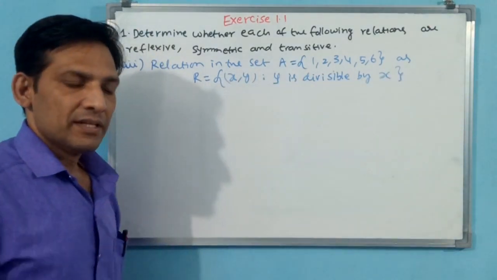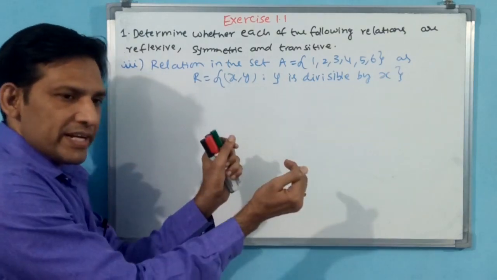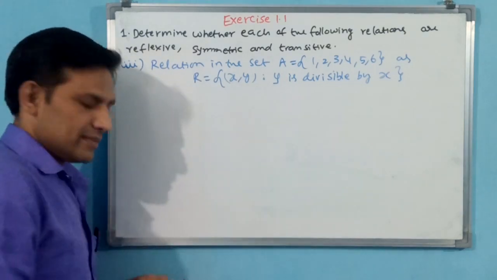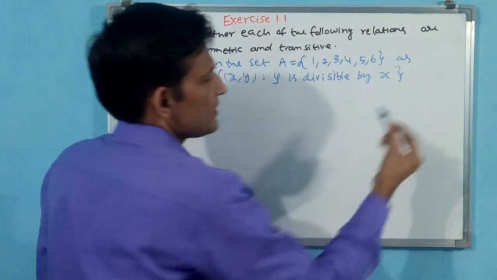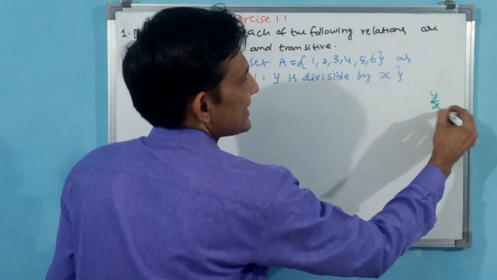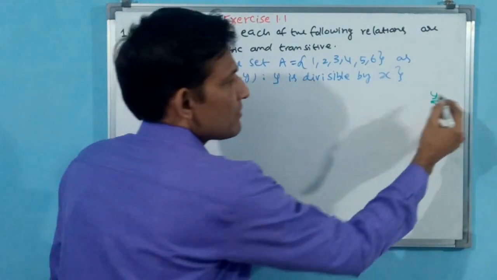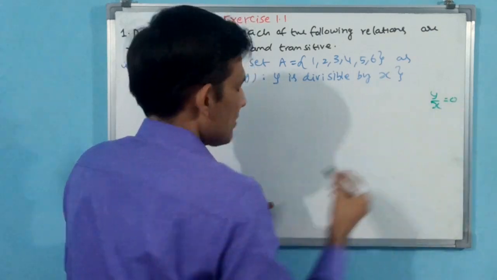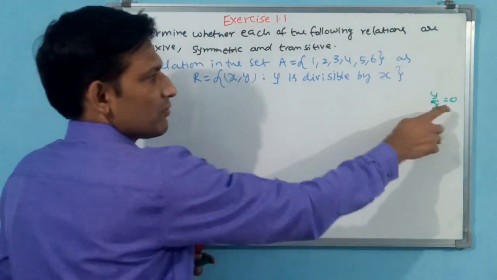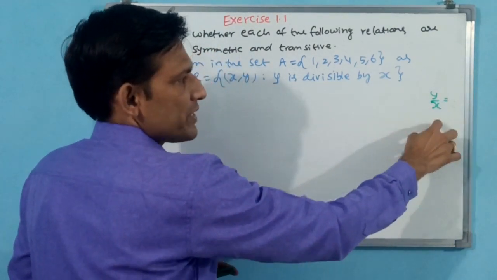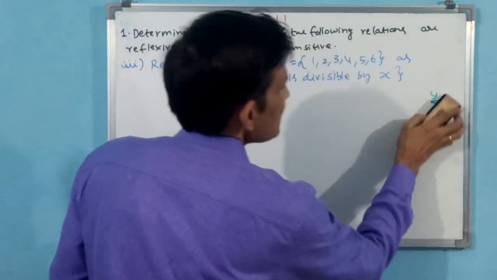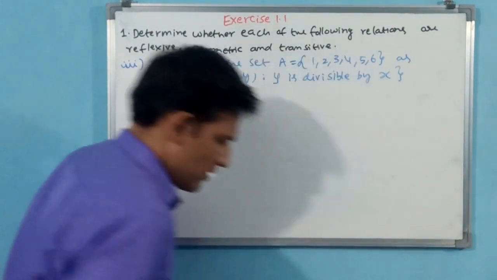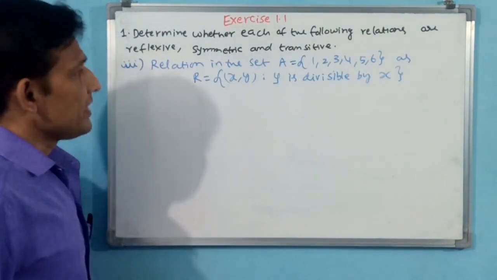That means the y coordinate should be divisible by x. What is the meaning? y by x, the remainder should come 0. y should be divisible by x. This is the relation. Okay, we see the relation first.